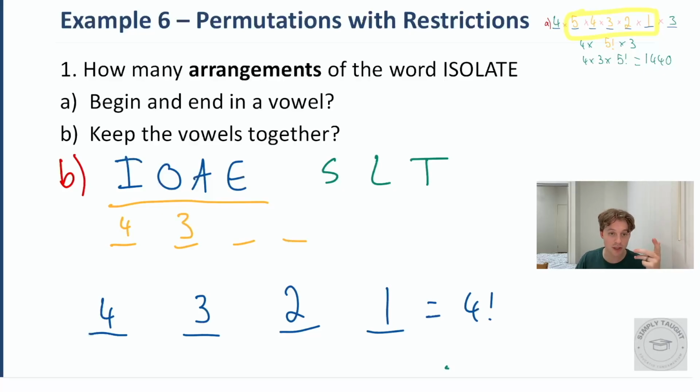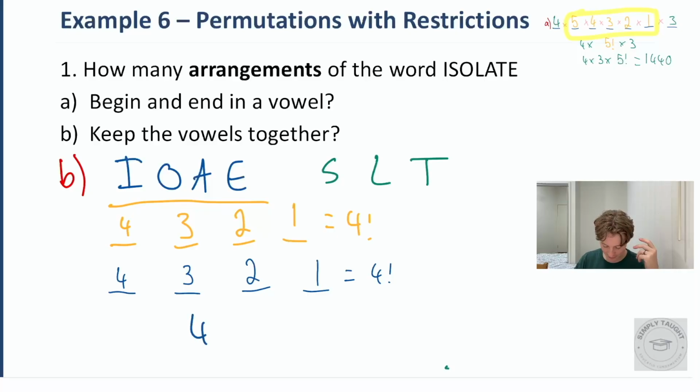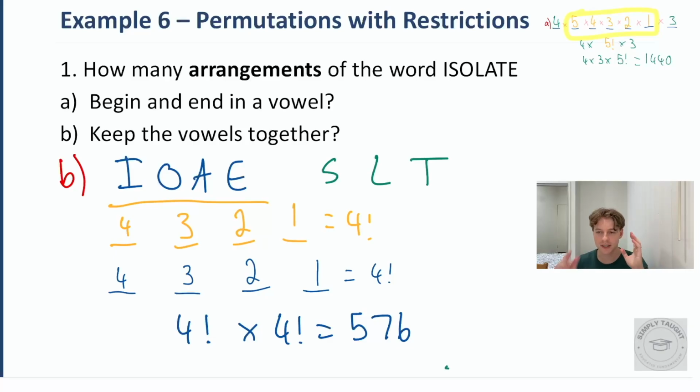Then I could have 3 choices for the second letter, 2 choices, then 1 choice, which is also going to equal 4 factorial. So what my answer becomes is simply 4 factorial multiplied by 4 factorial. 4 factorial is 24, so I have 24 times 24, that is going to give 576 as my answer for all of the arrangements if I keep the vowels grouped together.